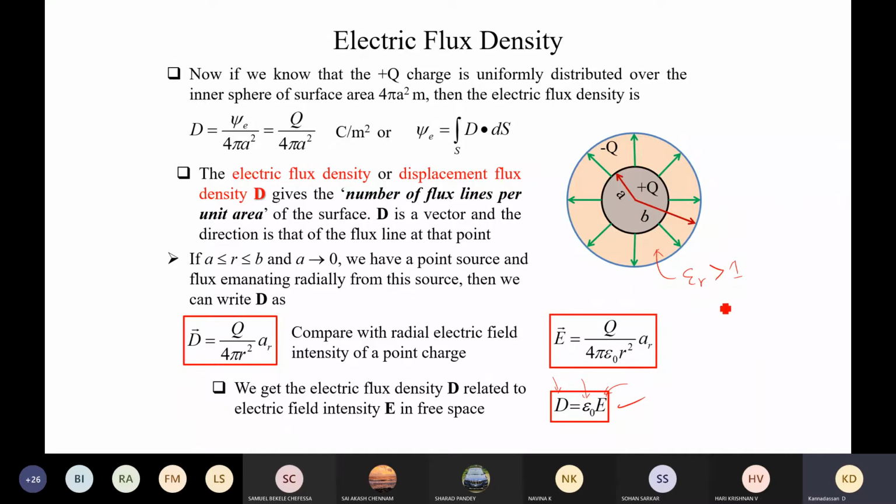For instance, many people think that the air medium has an epsilon r of 1, but on the Earth's surface, up to a particular height, I think up to 60 feet, epsilon r is equal to 1.009.